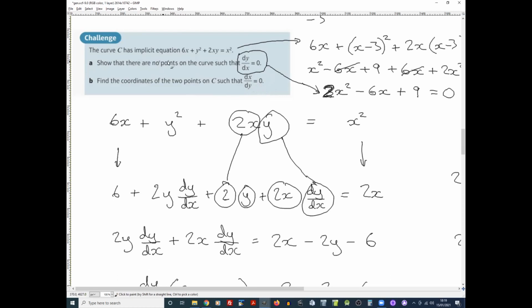In part A, what we've shown is that whatever curve is implied here has no horizontal tangents. So this is going to be about finding what features of the curve? A turning point. Well, the turning points are what we call points with a horizontal tangent.